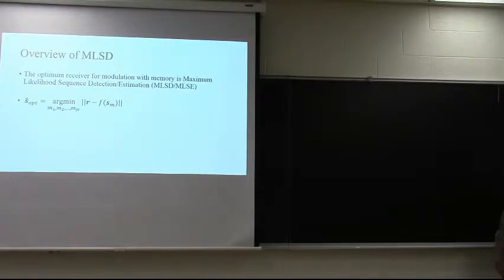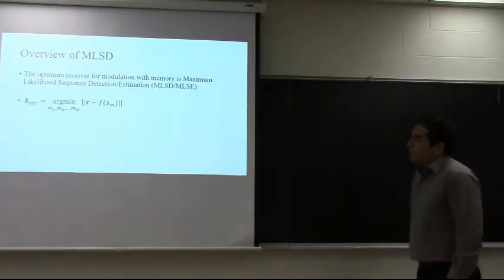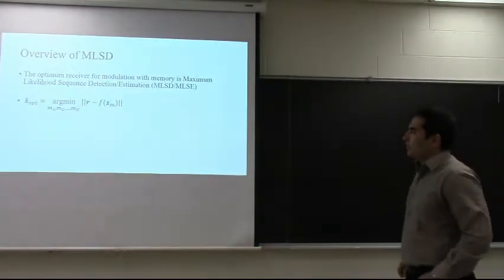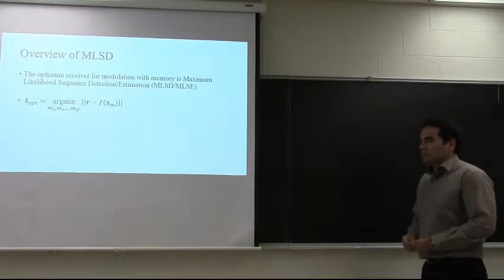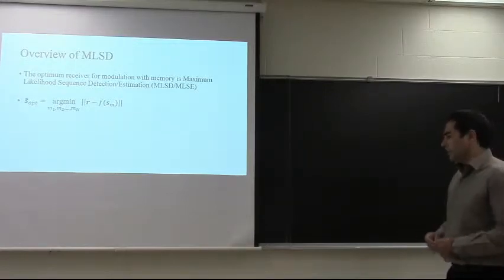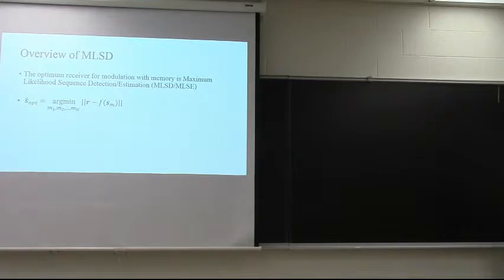Okay, let me give you an overview about the optimum receiver for modulation with memory. We have talked that the maximum likelihood sequence detection is the optimum receiver when you need to decide on each of the symbols for each of the received samples. If the length of the received sequence of samples is n, you need to decide on all of the possible transmitted symbols, which is not a very easy task.